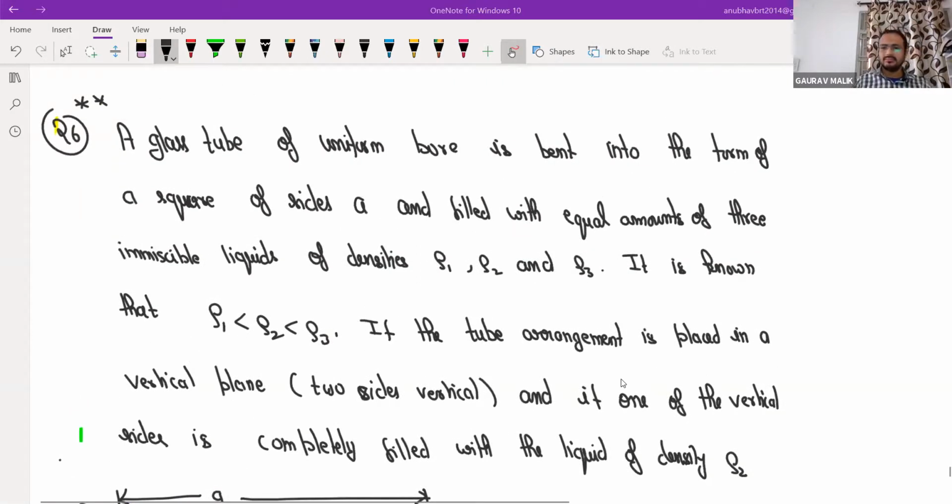Don't sit like this. At least use your mind and pen. First, identify the interfaces. You should unlock your mind now. Otherwise, in lockdown, your mind also gets locked.